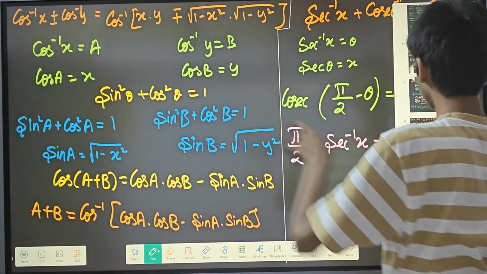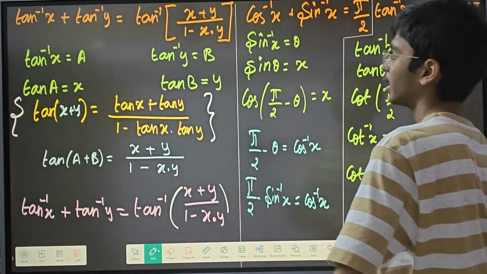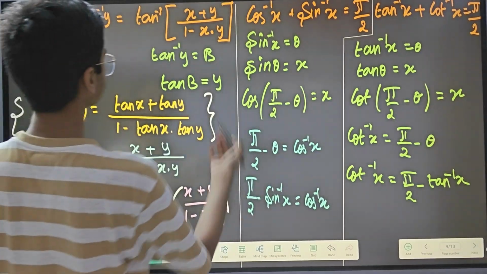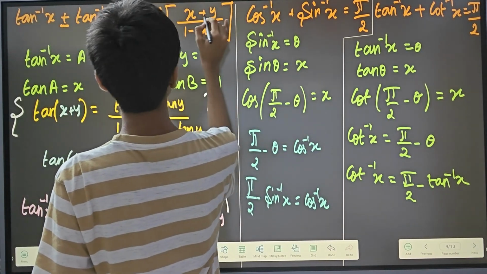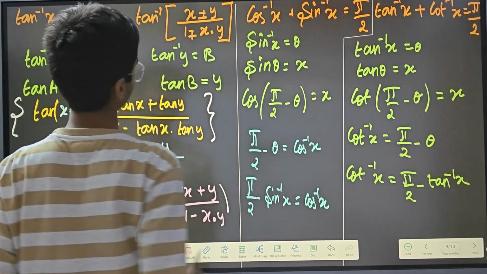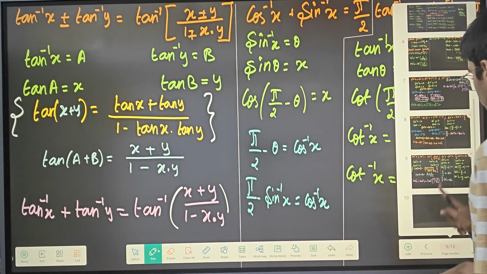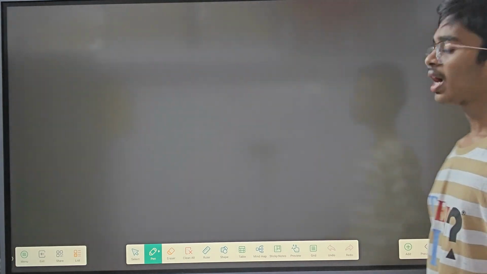Like here I have written, if there is minus in terms of plus, then here also there would have been minus and here there would have been plus. And also, what is cot?